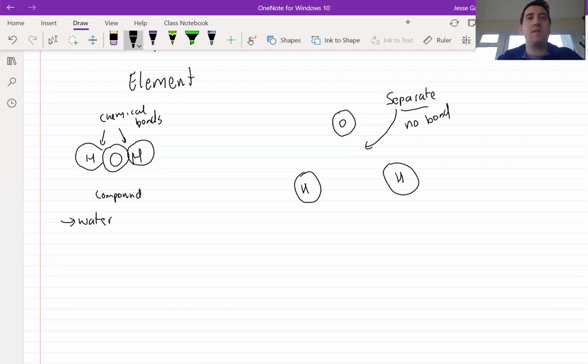When we have a situation like this, we don't call it a compound because for it to be a compound, the atoms have to be chemically combined. We call this a mixture. This is a mixture. So the atoms are put together, they're in the same general area, but they're not actually chemically combined.